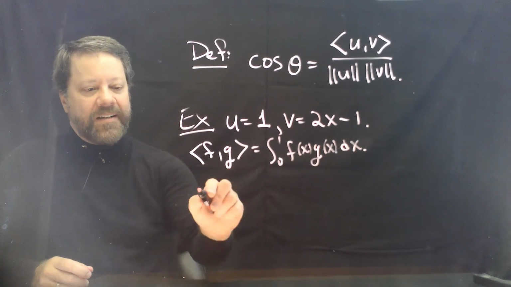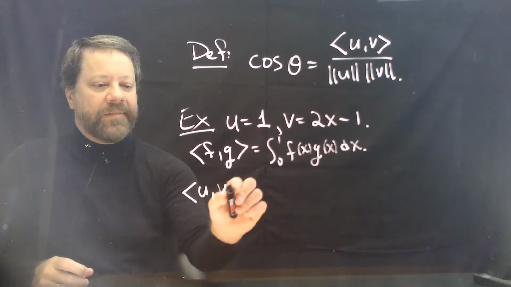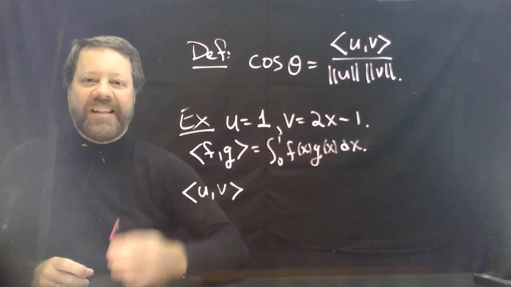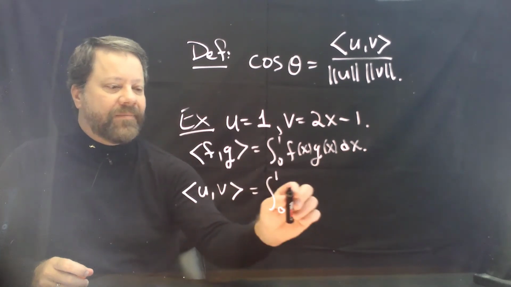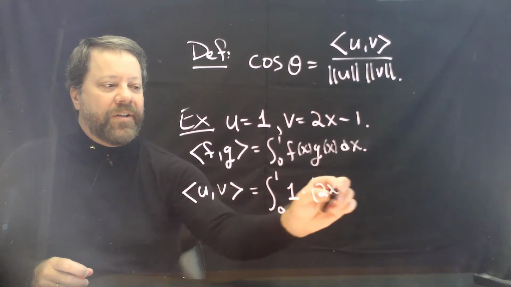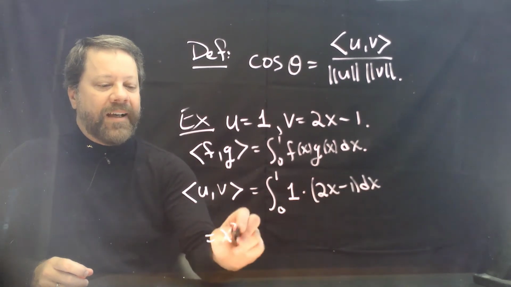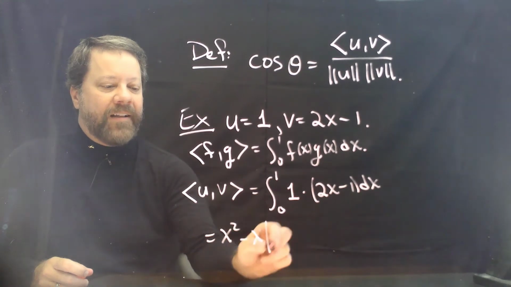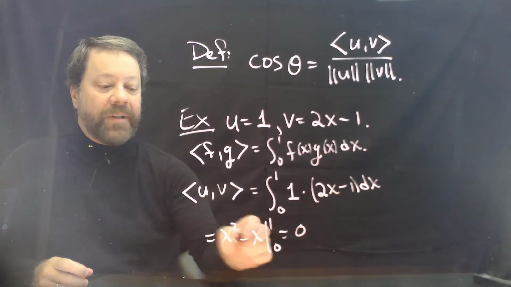You can see then the angle will depend upon the inner product. So we have to calculate the inner product first. So that'll be the integral from 0 to 1 of the function 1 times the function 2x minus 1, which gives you x squared minus x. Evaluated from 0 to 1, you plug in the 1, you get 0, you plug in the 0, you get 0.